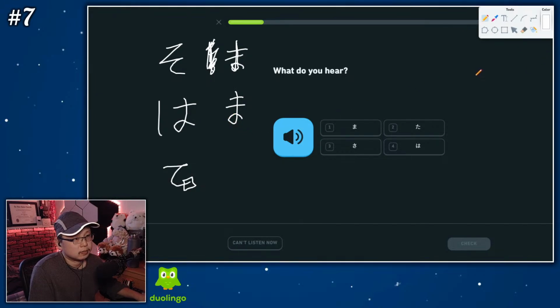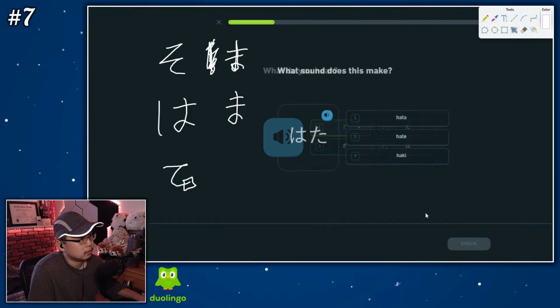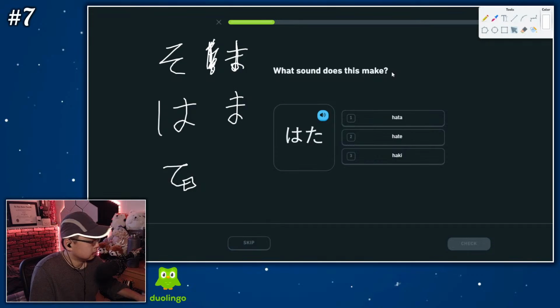I have to slow down in order to do that. So ma, ta, sa, ha, hata, ata, ha, ata. We can work on these.